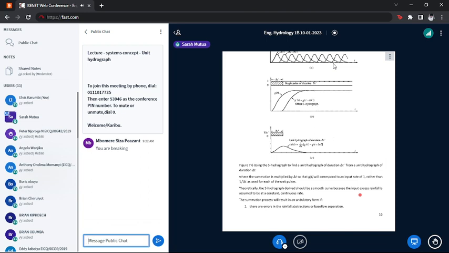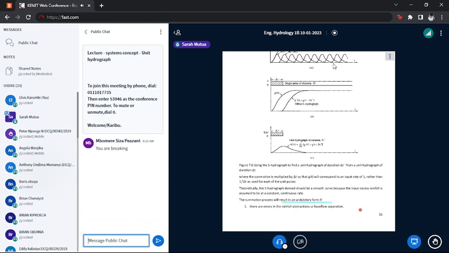In that case, you will not have a smooth curve, or you will have an S curve which is undulating, because of a number of things.